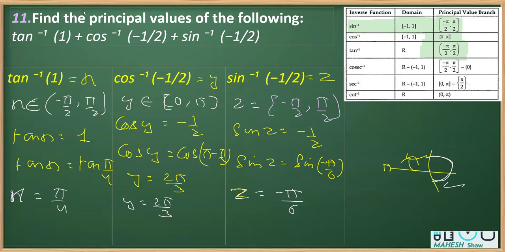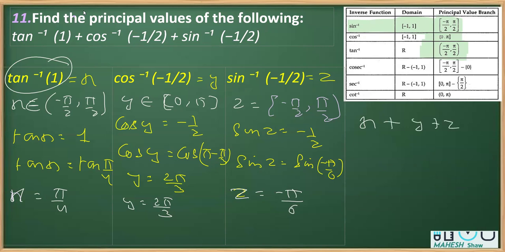Now, once we got the values of x, y, z, clearly we have to add these three. So x plus y plus z, where x is pi by 4, y is 2 pi by 3, and z is minus pi by 6.